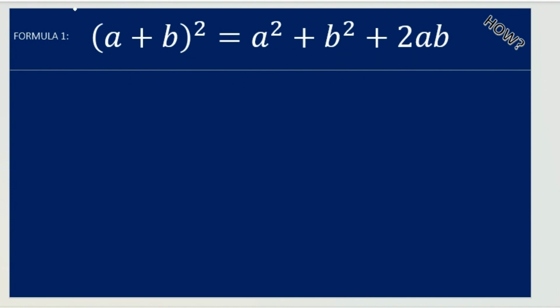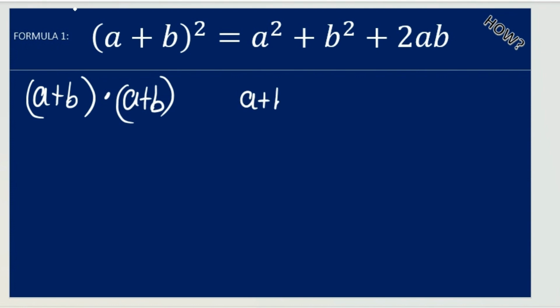So for this first formula, (a + b) whole squared would also equal (a + b) times itself, so (a + b) times (a + b). To get the right hand side, we just gotta multiply.